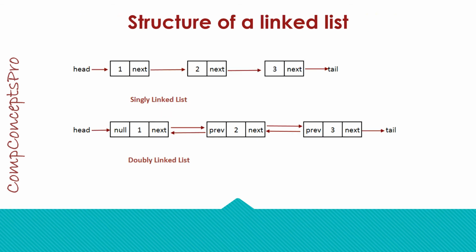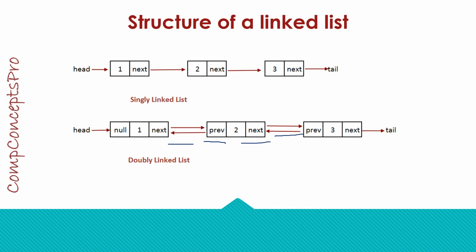So here is a comparison of singly linked list and the doubly linked list. As you can see, there are 2 pointer fields in the doubly linked list, and these 2 arrows show that the traversal is possible in both the directions, forward as well as backwards.